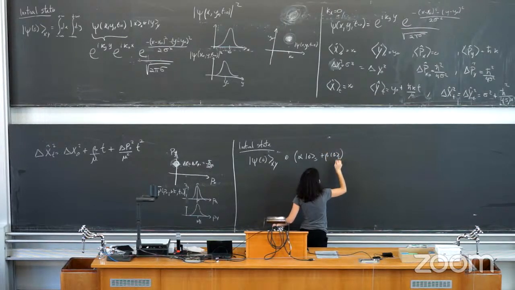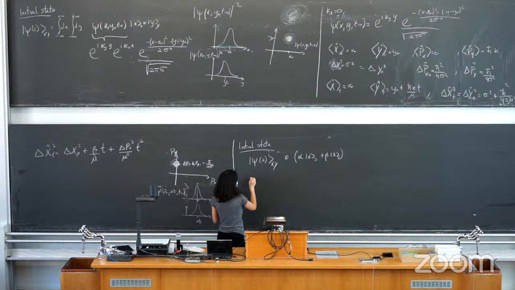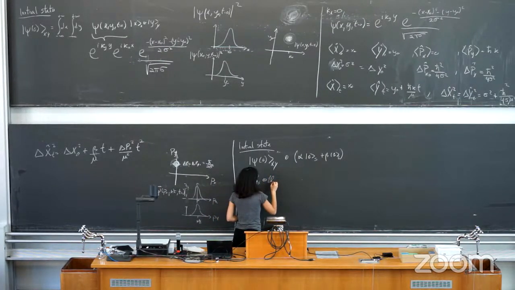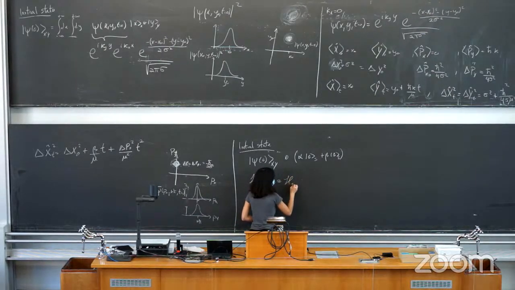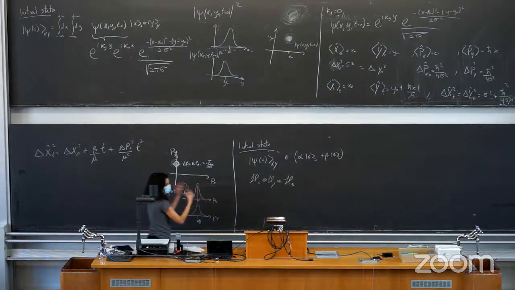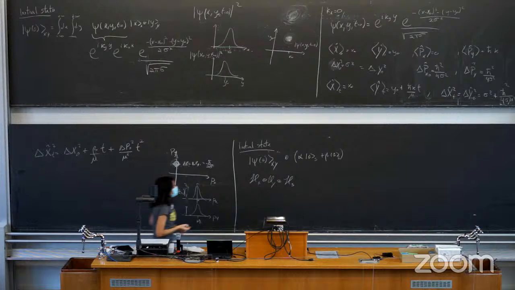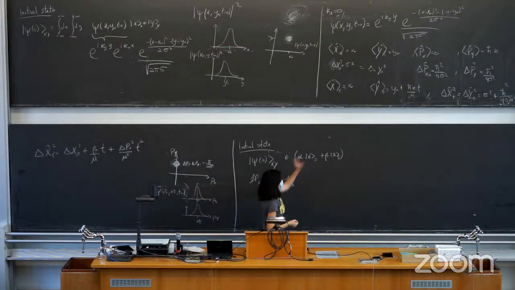So my total Hilbert space is x and y and the spin of the particle, some other property of the particle that I care about. In this case, I care about spin because it's a qubit. And we do this.